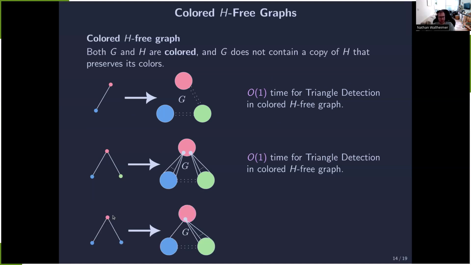But if we take a two-path where the endpoints have the same color, say blue, it means that a red vertex can have at most one blue neighbor. So we can check if a red vertex participates in a triangle in order of n time. We just have to check combinations of blue versus green neighbors. And there is one blue neighbor and at most n green neighbors. So it takes in total n squared time for triangle detection in colored H-free graphs for this pattern.